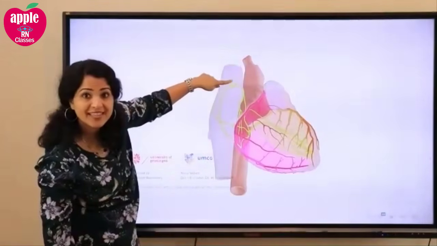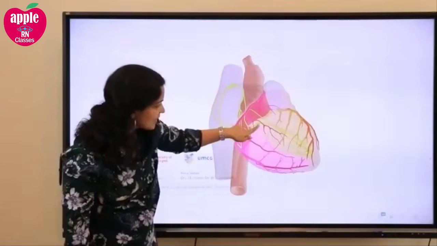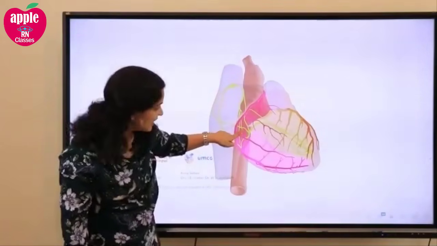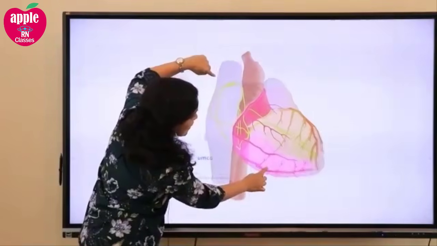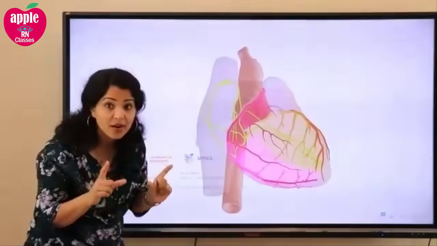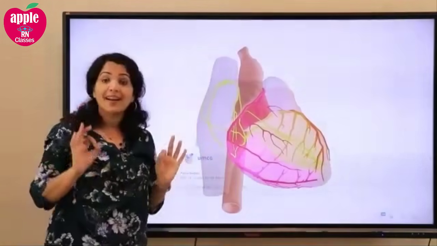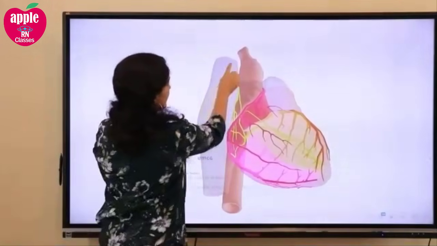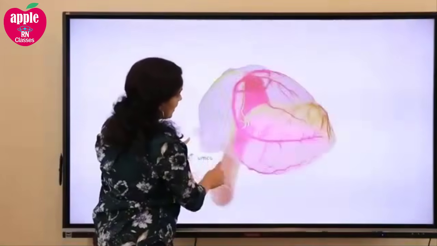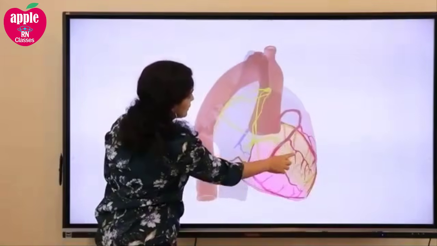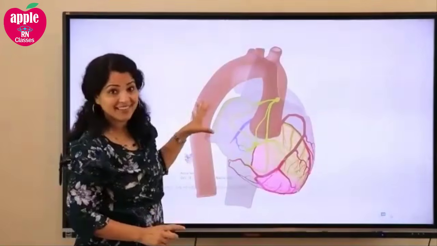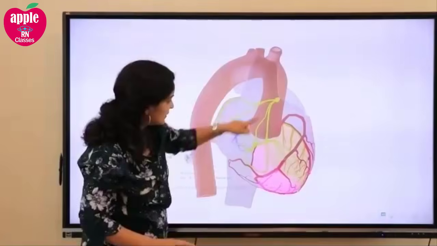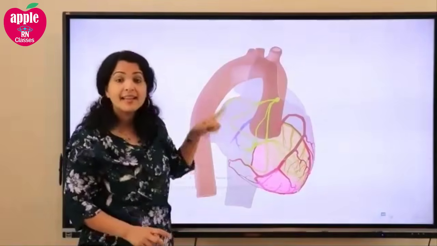There is a node here, then the yellow lines come, there is another node here, and then the yellow lines go down. This is how the heart is, and you have the aorta, the big blood vessels going out. The beginning of the conduction system is the SA node.